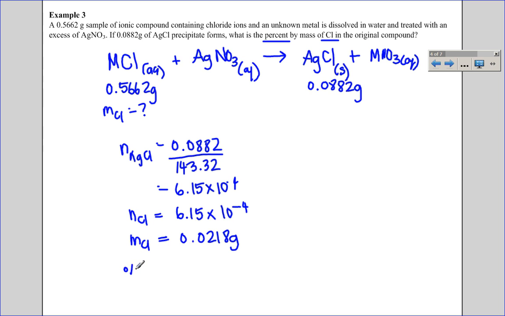So to figure out the percent of chlorine in the original sample, it's a matter of dividing by the total mass, and we find that it's 3.85% by mass.